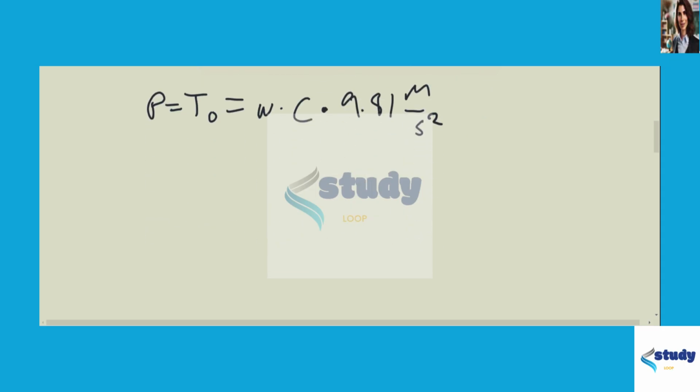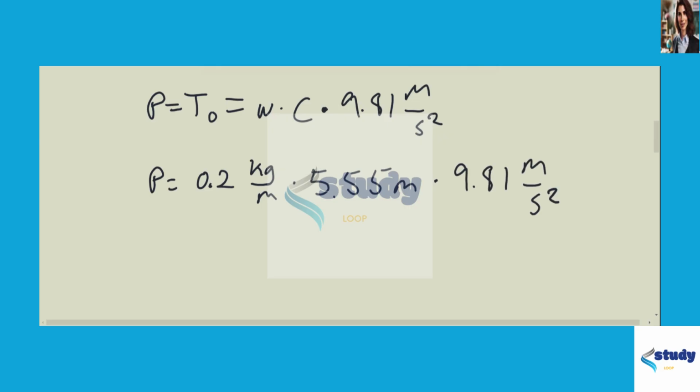So we plug in what we know. P is equal to 0.2 kilograms per meter times 5.55 meters times 9.81 meters per second squared. And we find that P is equal to 10.9 newtons.